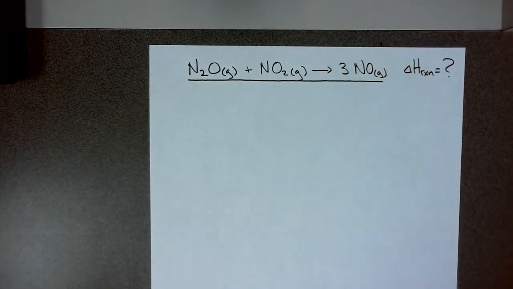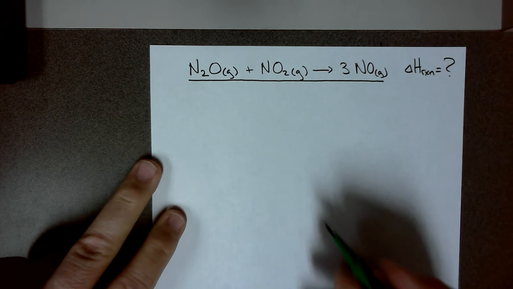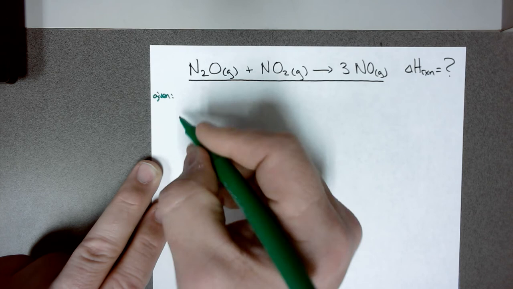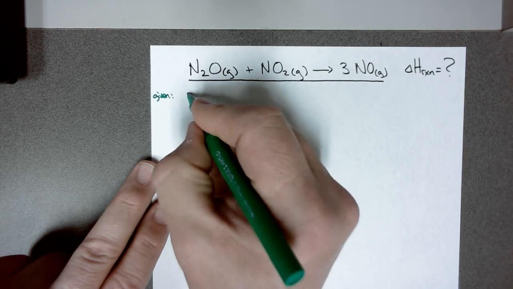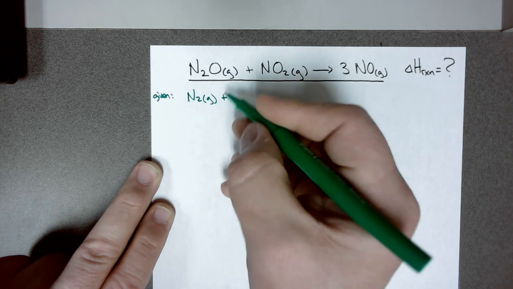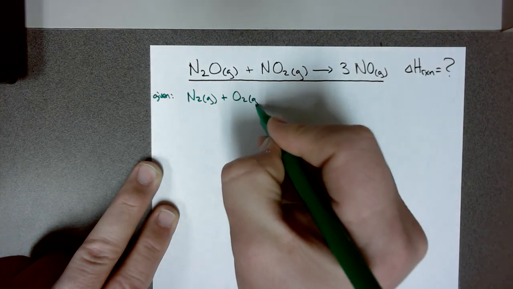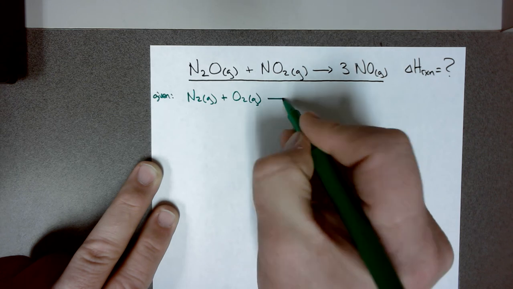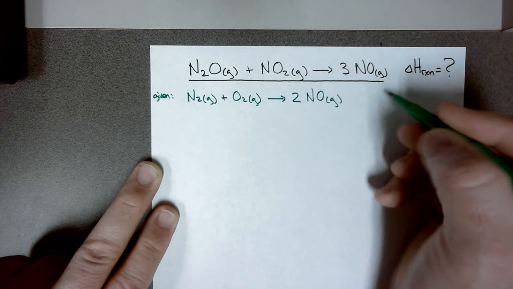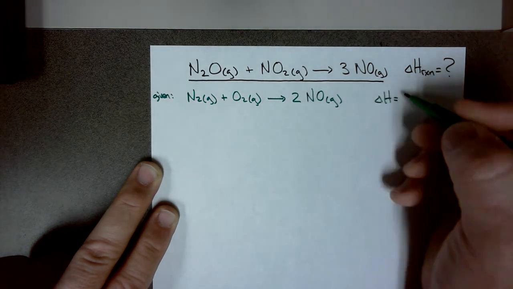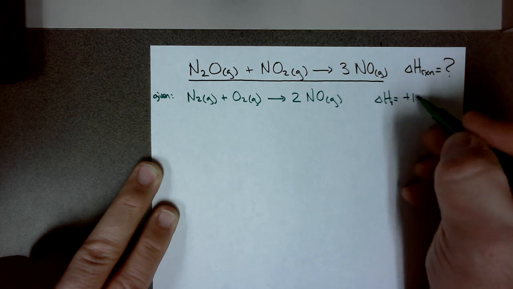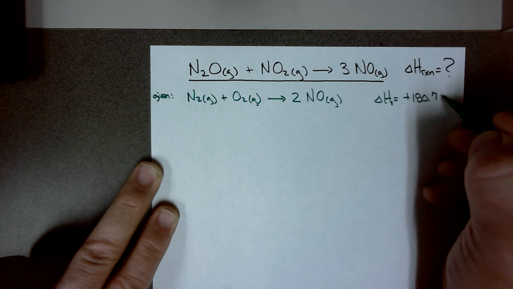Now here are the given ones. We are given nitrogen gas plus oxygen gas produces 2 moles of nitrogen monoxide gas, and the delta H value for that, which we'll call reaction 1, is a positive 180.7 kilojoules.